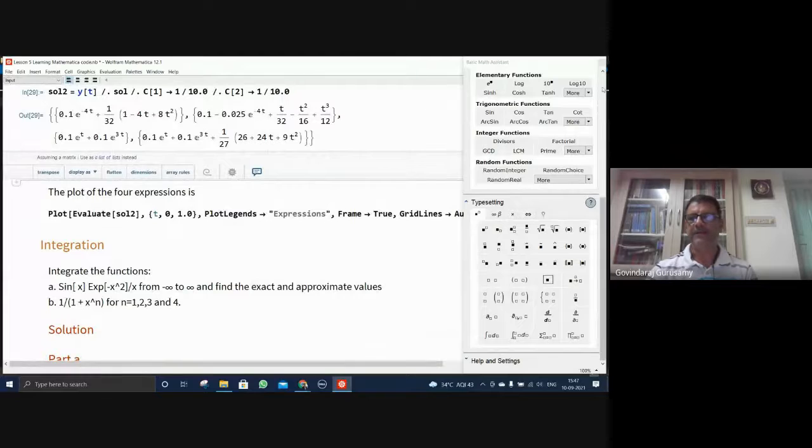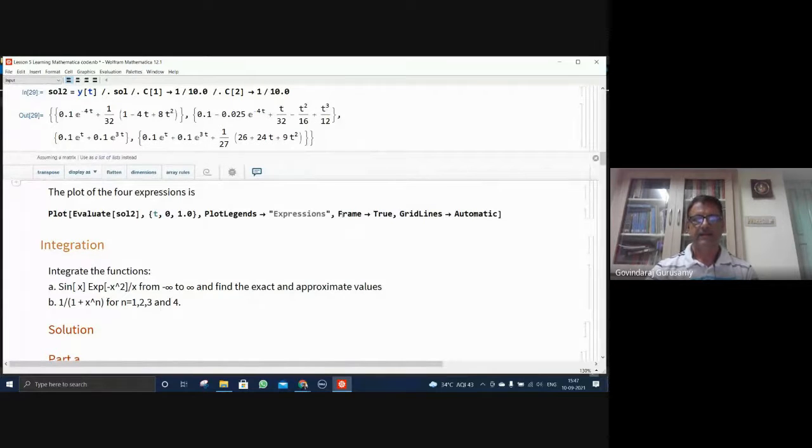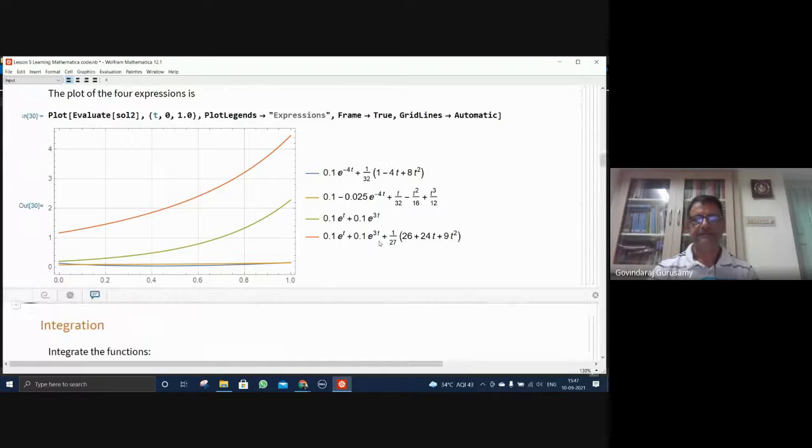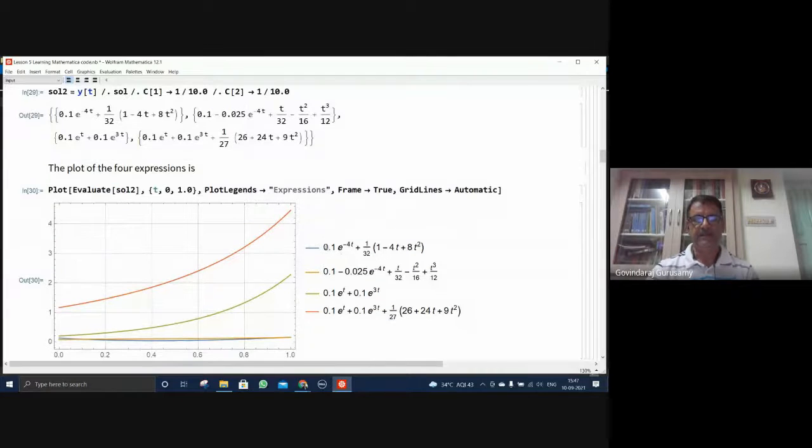I'm going to plot it. See? Great. I'm able to see all of them because I gave plot legend expressions so that I know which color corresponds to which. This is one of them, the other one is next, third one is this, and fourth one is this. And all of them are here.